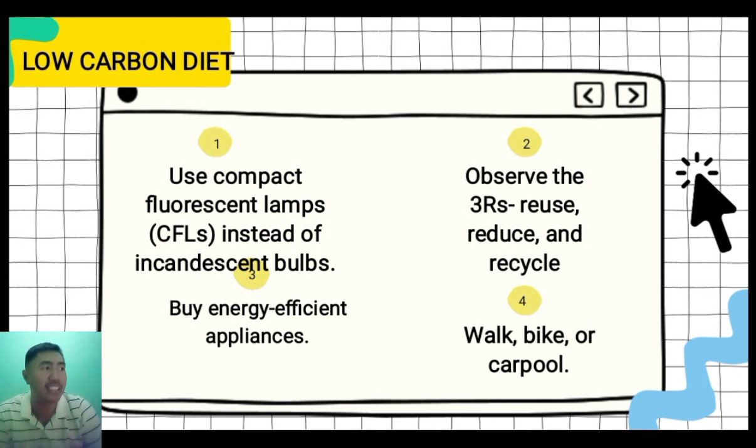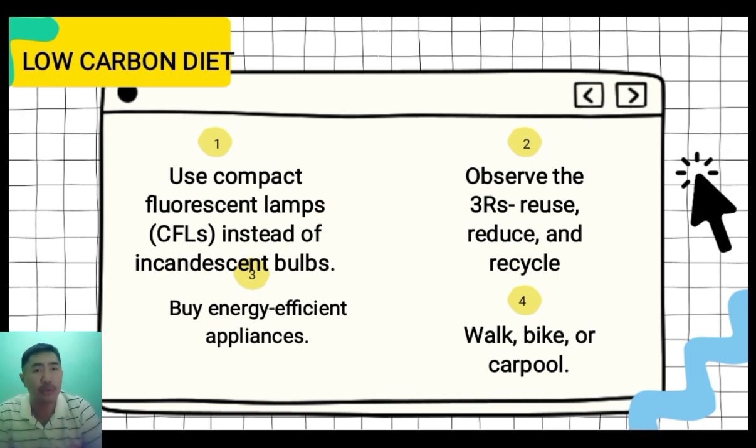Second is observe the 3 R's: reuse, reduce, and recycle. Of course, this is a very important tip to lessen the effect of climate change.